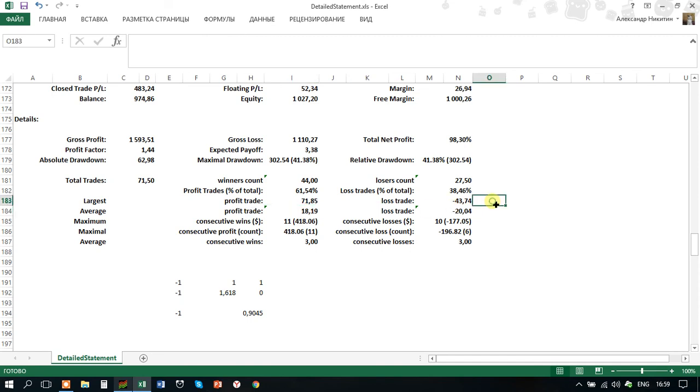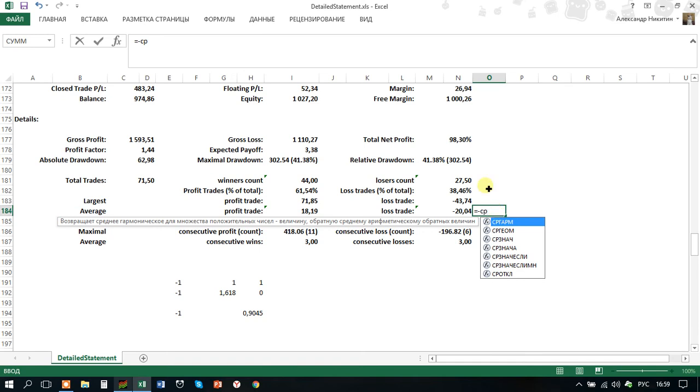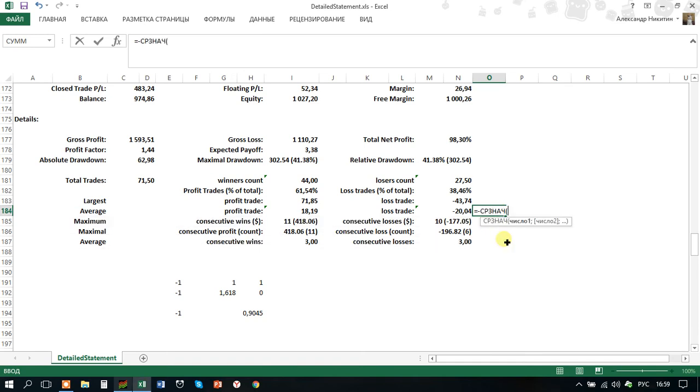And if I do calculate the average risk to reward, it should be this. Equals negative this, and I am to calculate. No, it should be that. No, the risk to reward ratio is calculated like this. I wanted to apply a new formula, but it doesn't matter.